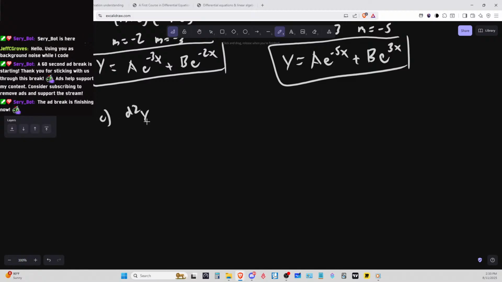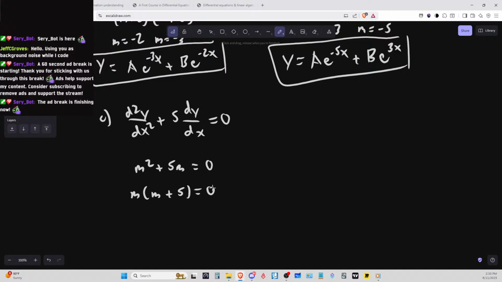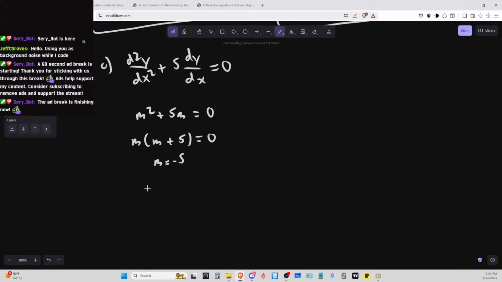Let's see. And then plus. Ooh. This one is going to be a little bit interesting. So if we do m squared plus 5m equals 0, we can take out the m, and then m will be, so technically this is already 2 roots, but I think we're just going to end up with 1 term here.